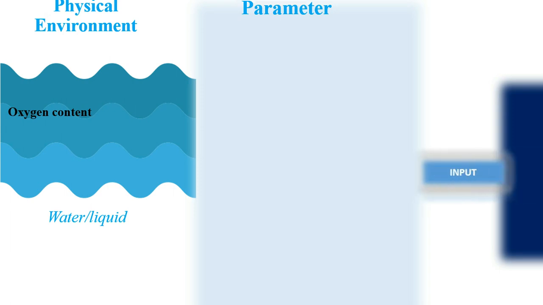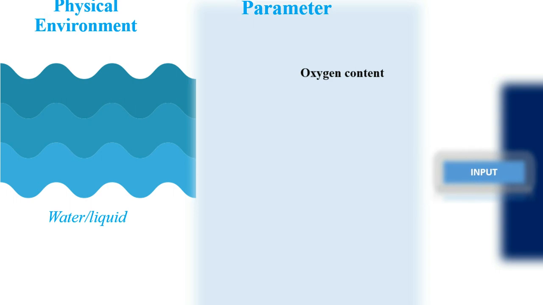So what you need to understand is, do we have enough oxygen for these living organisms to survive? You have fish in a fish pond, you have to analyze the oxygen content because they need oxygen to survive. Water quality. Is this water good for people to take as drinking water?